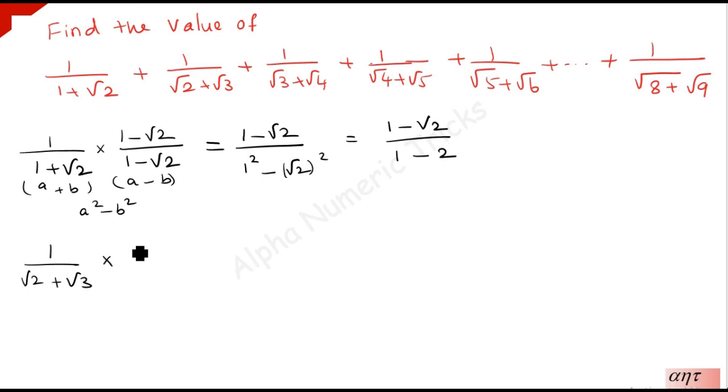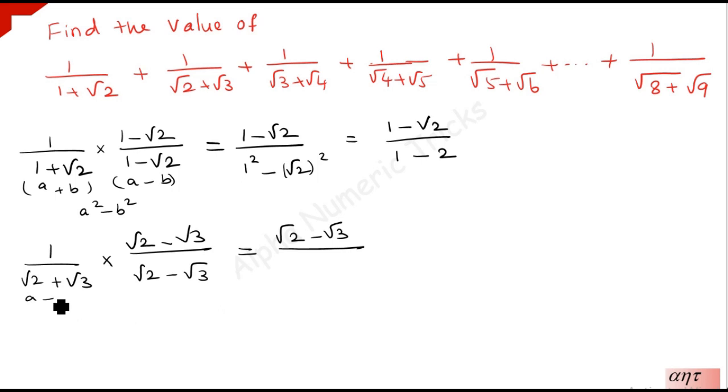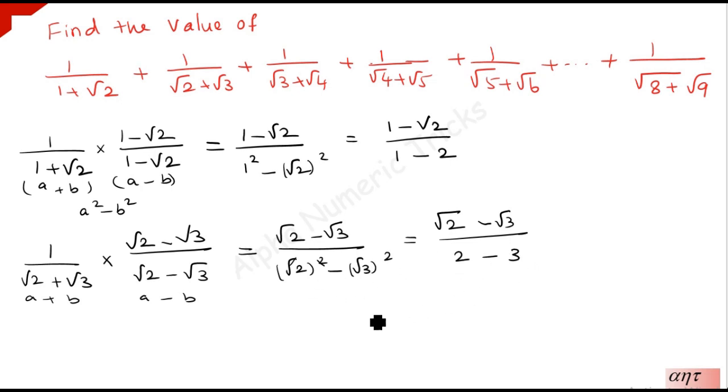You have to take the conjugate, square root of 2 minus square root of 3, divided by square root of 2 minus square root of 3. 1 times this is again square root of 2 minus square root of 3, divided by a plus b into a minus b, that is a squared minus b squared: square root of 2 the whole squared minus square root of 3 the whole squared. The square and square root get cancelled, that is, square root of 2 the whole squared is 2, minus 3.